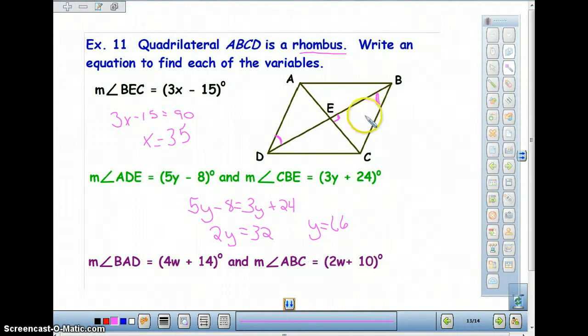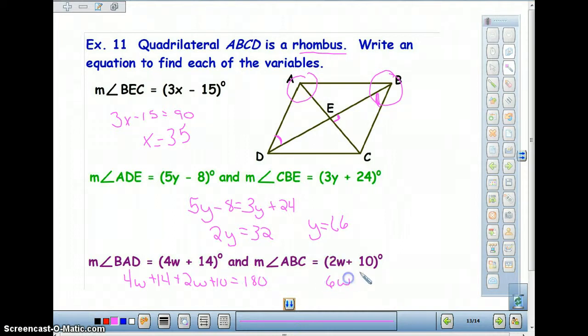Okay. Then when we're talking angles, we're going BAD, which is that whole angle right there, and ABC, which is this angle right here. Those do what? Since it's a parallelogram, those two angles add up to 180. So we've got to set that up as 4w plus 14 plus 2w plus 10 equals our 180.